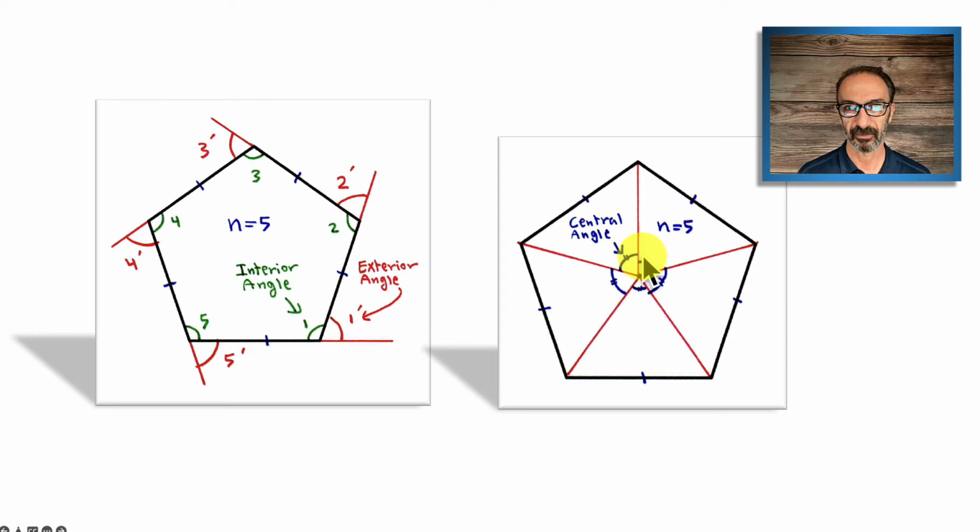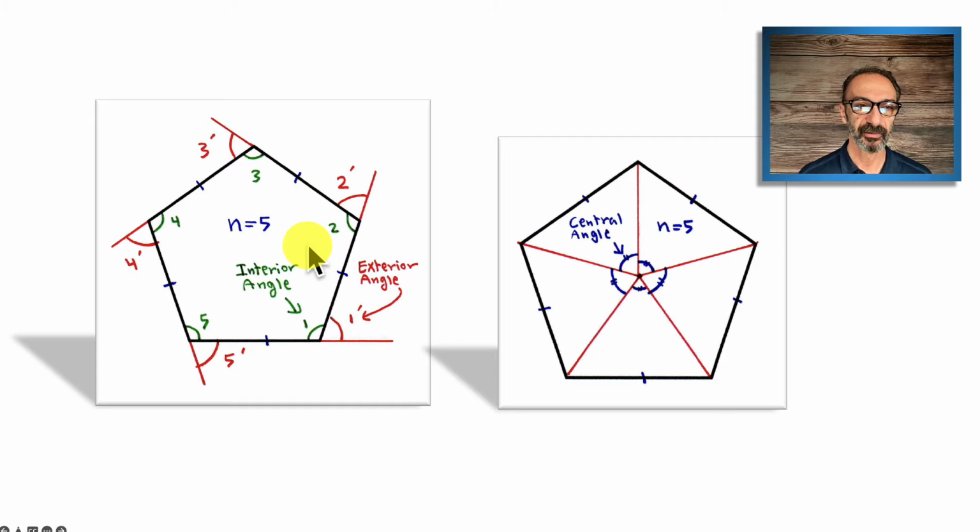Because it's a regular polygon, those angles are the same. As you can see, I have double marks on each central angle, so the central angles are equal in measure in regular polygons. Not only that, if you add those angles, they form a whole 360 degrees. So the sum of the central angles will add up to 360.